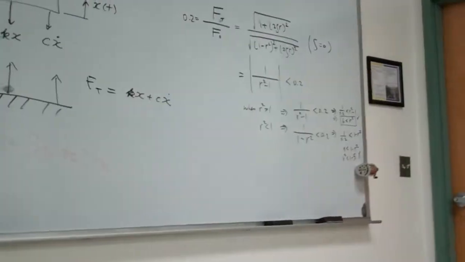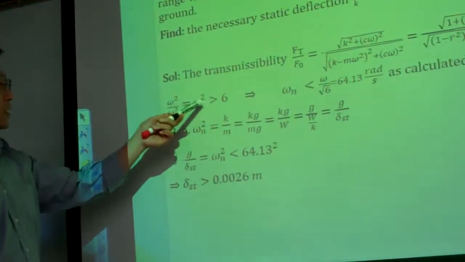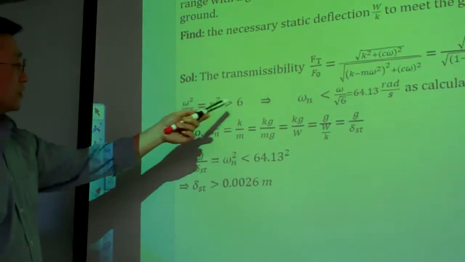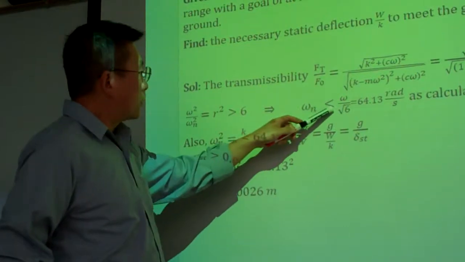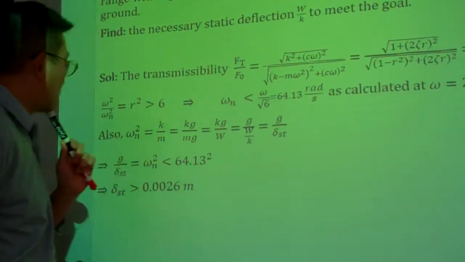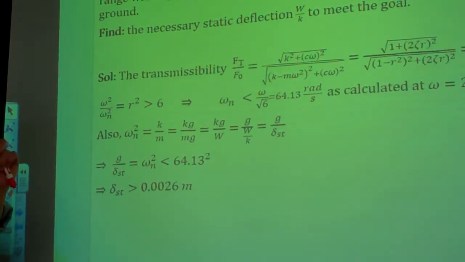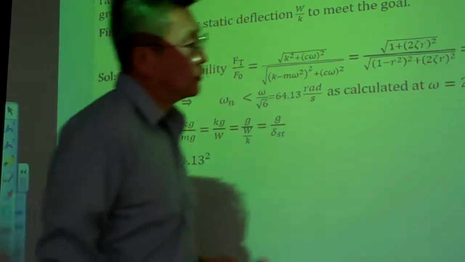Okay. So once we have this one, then we know r squared must be greater than 6. And on the other side, r equal to this one. So we plug into here. And right now we're proceeding to this. So we can start from here. Let me do this.